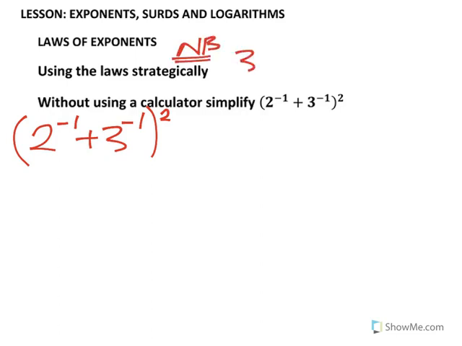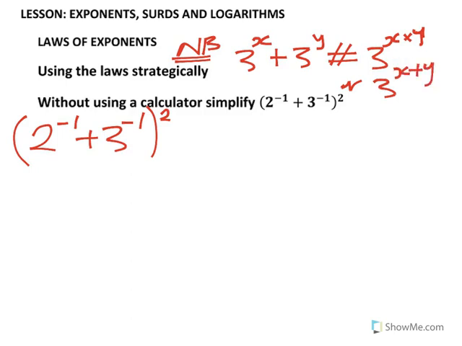NB, 3 to the power x plus 3 to the power y is not equal to 3 to the power x times y, and it is not equal to 3 to the power x plus y. These are wrong uses of the laws.